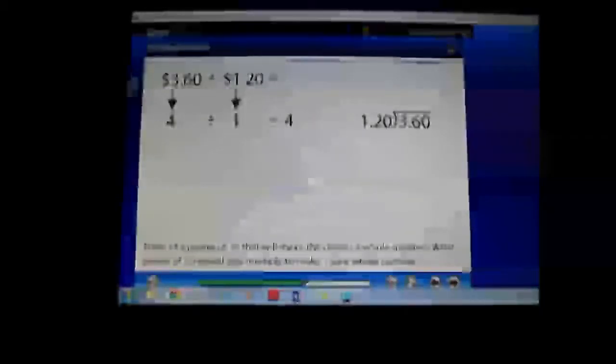Think of the power of 10 that will make the divisor a whole number. What power of 10 would you multiply to make 1 and 20 hundredths a whole number? Well, same process as moving the decimal. It does the same thing. You could multiply 1 and 20 hundredths by 100, because 100 is 2 powers of 10, because 10 times 10 equals 100.